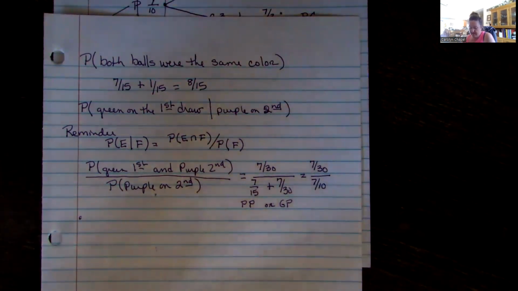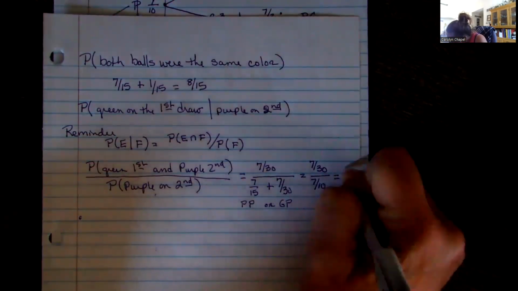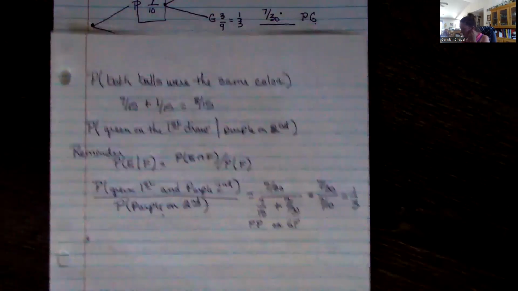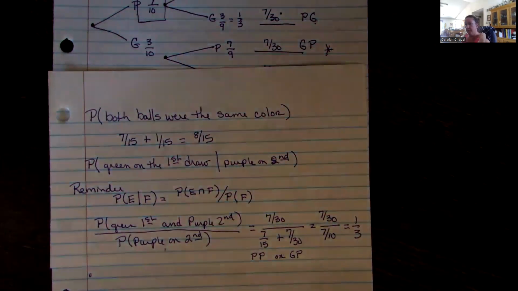So I'm inverting and multiplying if I'm doing it by hand, or I'm doing it on the calculator with my fraction button. I get 1/3. That is the probability of getting a green the first time, given that you know the second ball was purple.